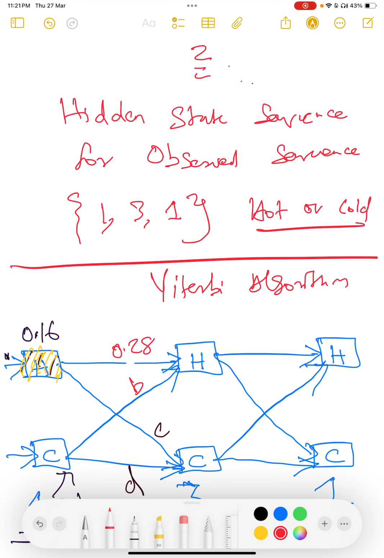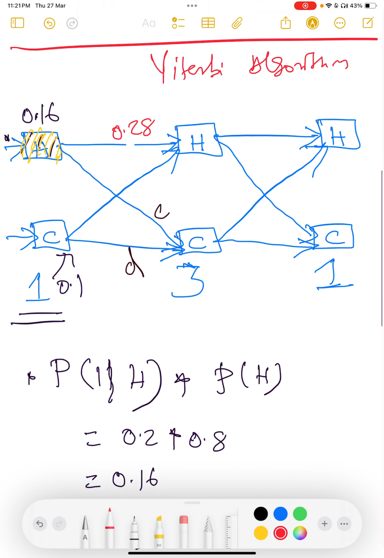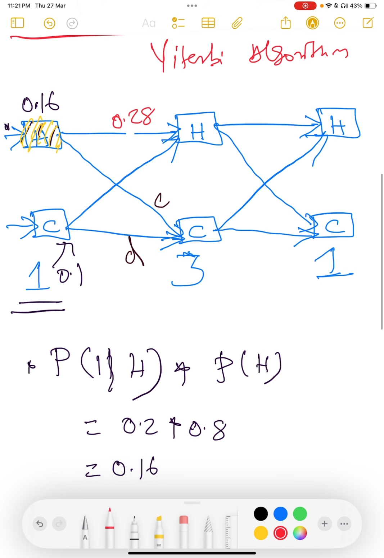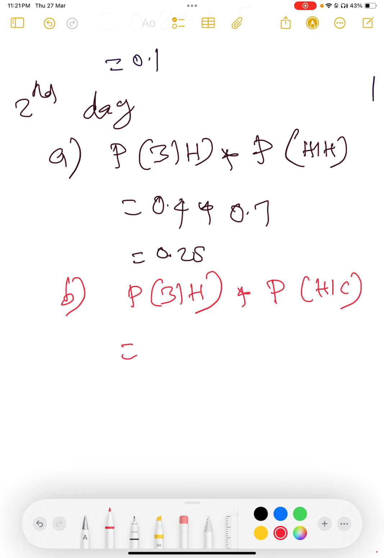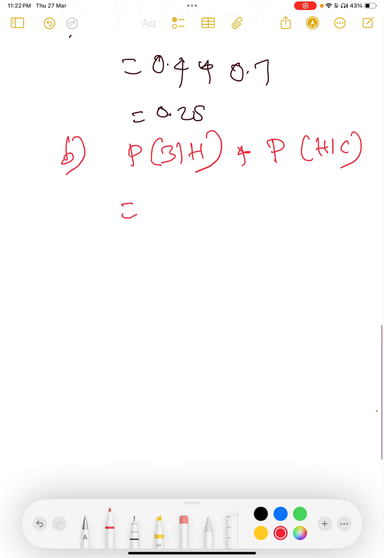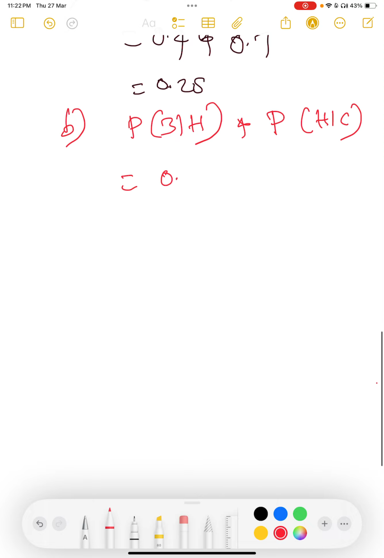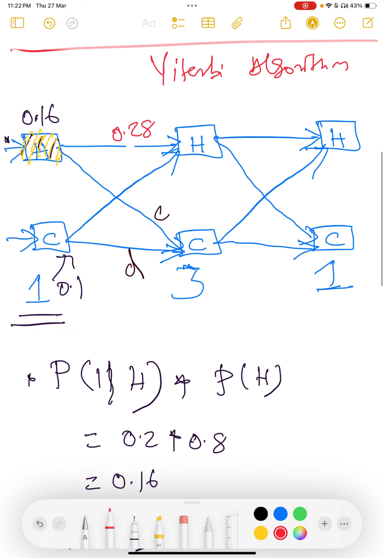Now we go for B. What will be B? B is the probability of 3 given H into the probability of H given C. 3 given H is 0.4, into H given C. What's H given C?